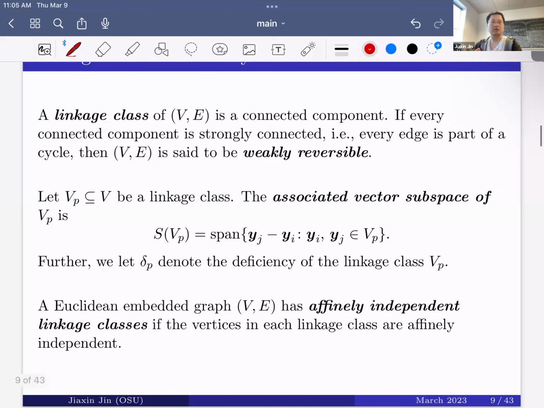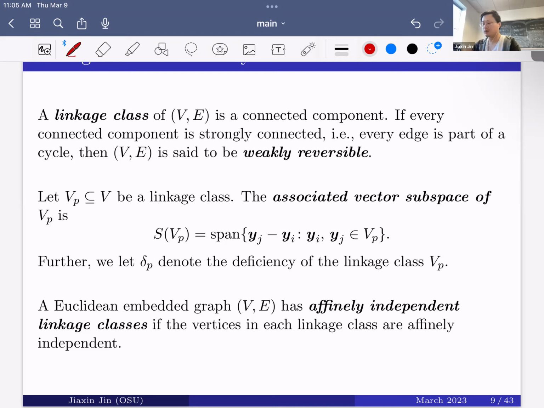Next, we will introduce what a linkage class is. A linkage class is just a connected component. When each connected component is strongly connected, which means every edge is part of a cycle, then we call the graph weakly reversible.